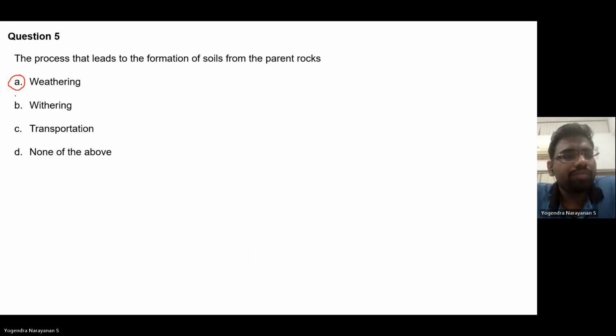So weathering is the broader process. As far as this question is concerned, we will be considering the broader aspect of the process of formation of soil, which is weathering.